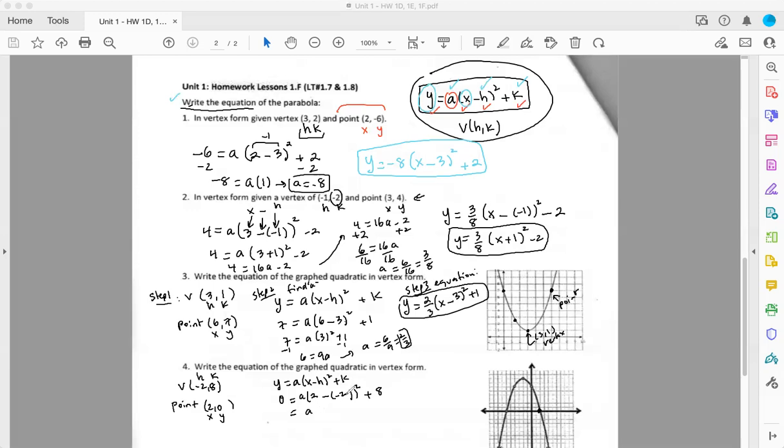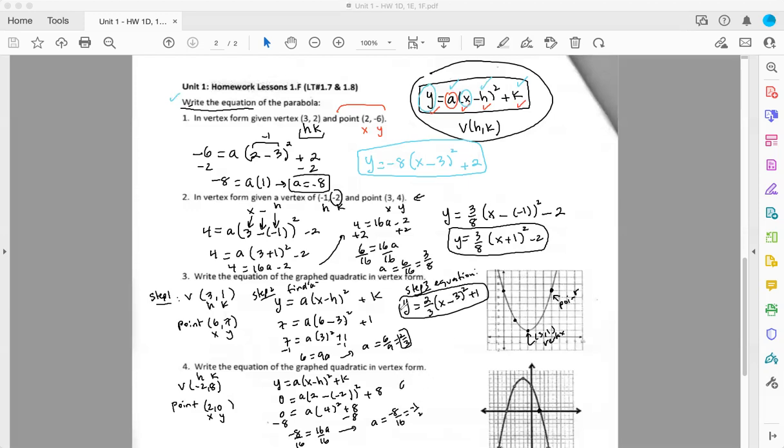So this becomes a multiplied by 2 minus negative 2, that's 2 plus 2, which is 4 squared, plus 8. Then we can subtract 8 from both sides. 0 minus 8 is negative 8, and 4 squared is 16, so this is 16a. To get a by itself, you divide both sides by 16, and you'll get a equals negative 8 over 16, which is negative 1/2.